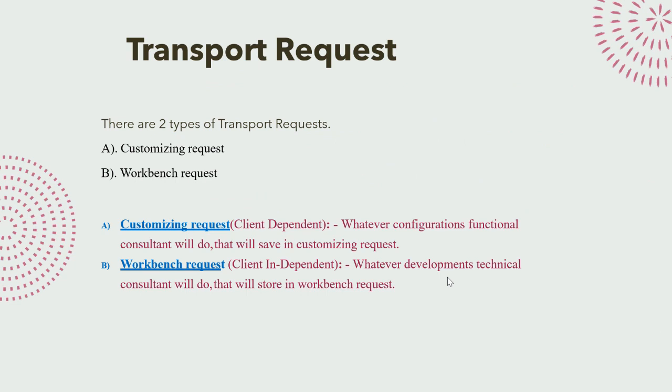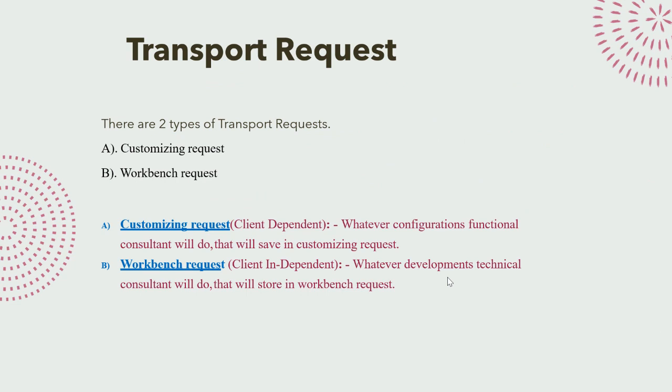Whatever development takes place will be stored in the workbench request. Let's suppose we have created one workbench request in the golden client 100 in the development server. There is no need to move it to 110, the other client of the development server.